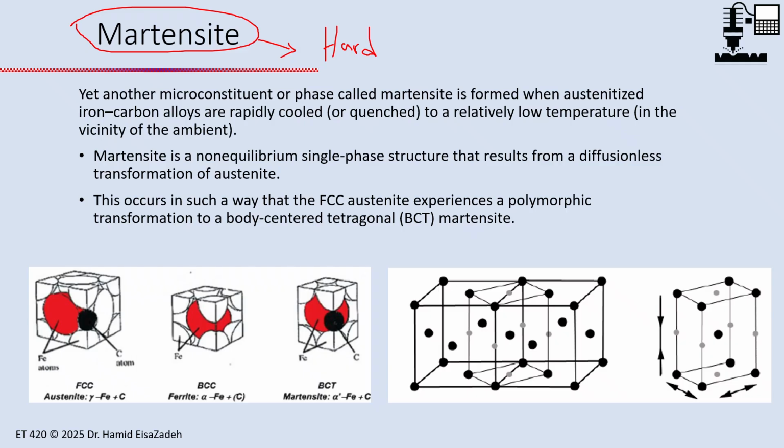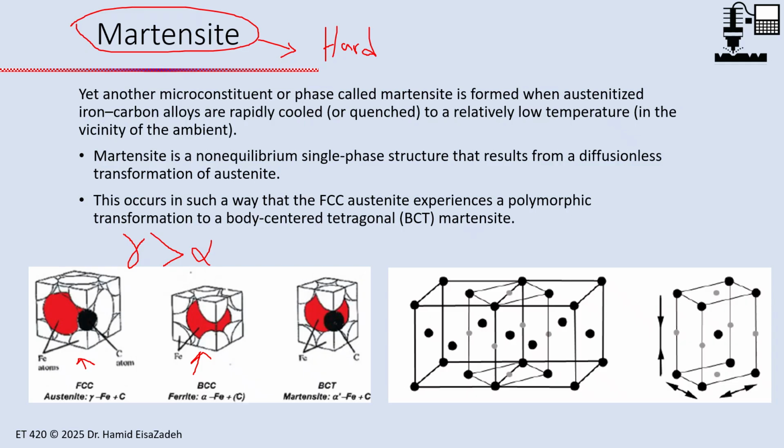The main reason is that the carbon solubility of gamma, or austenite, is more than alpha, right? So this is the structure of gamma. This is the structure of BCC, or ferrite. As you see here, we have carbon sitting between these atoms, because we have a larger space between these atoms, but it doesn't have that space in this structure.